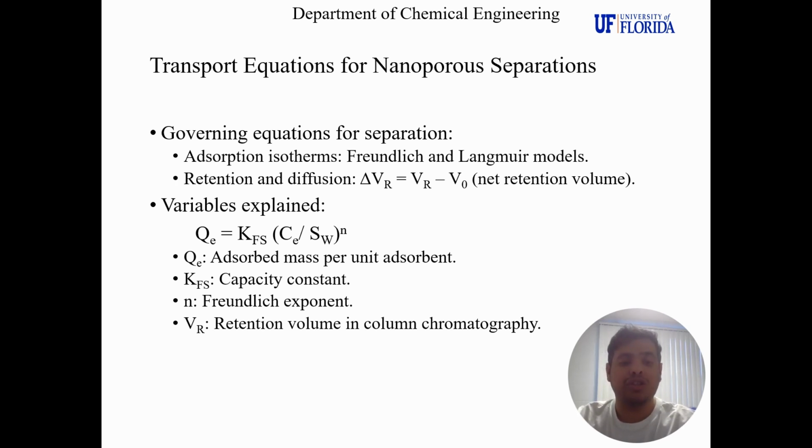Sw is the solubility of the solute in water. K is the Freundlich adsorption capacity constant. It quantifies the adsorption capacity and varies across materials based on surface area and functional groups. N is the Freundlich exponent, indicating adsorption intensity.